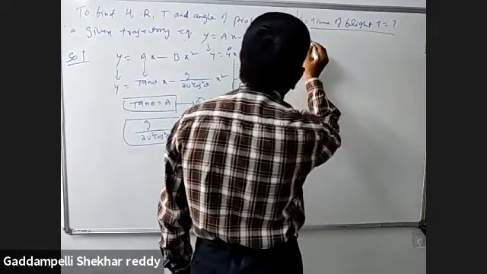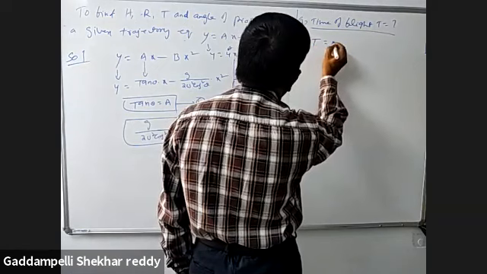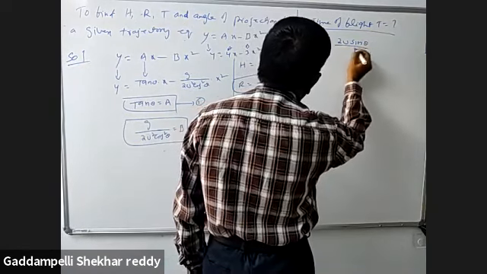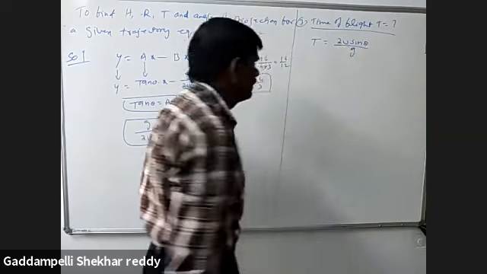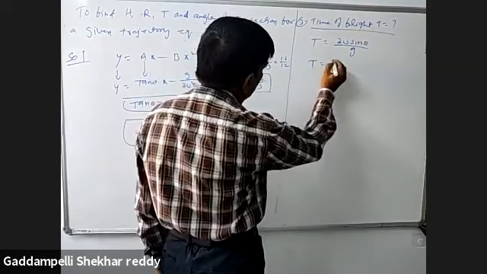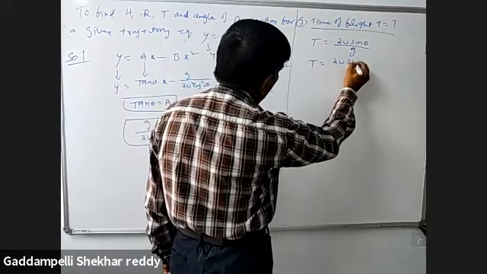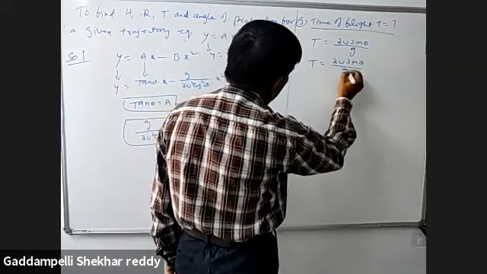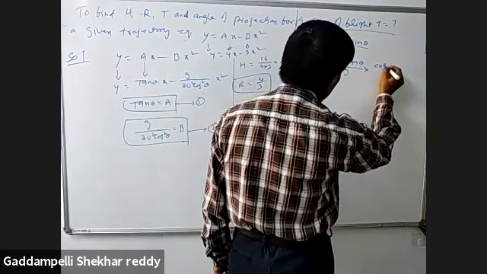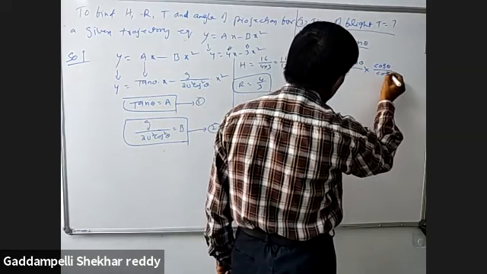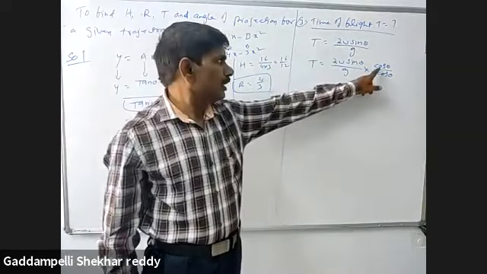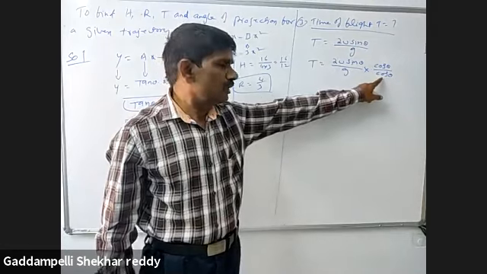Generally we know the time of flight T is equal to u sin theta by g. In this equation, multiply the numerator and denominator with cos theta.